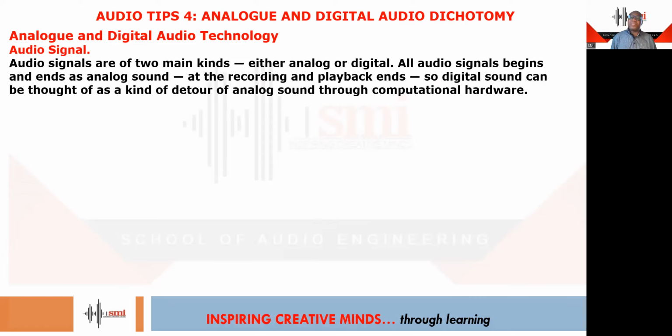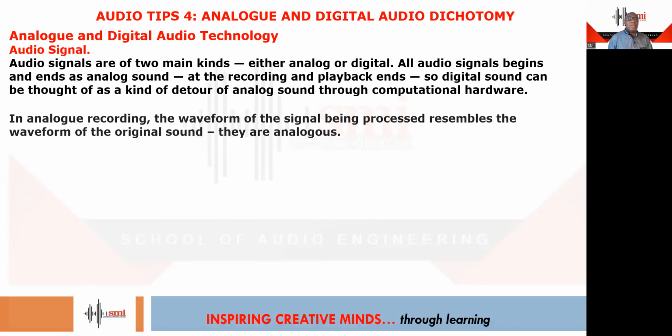And now we are talking about digital sound or digital audio that can be thought of as a kind of detour, that is, a deviation of analog sound through computational hardware. That is telling us that there will be no digital signal without analog signal.